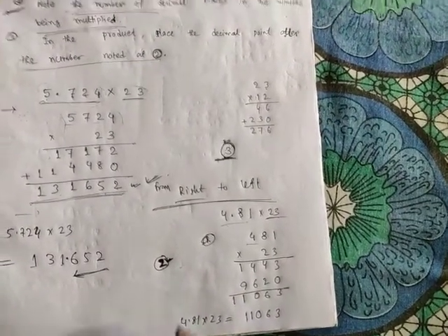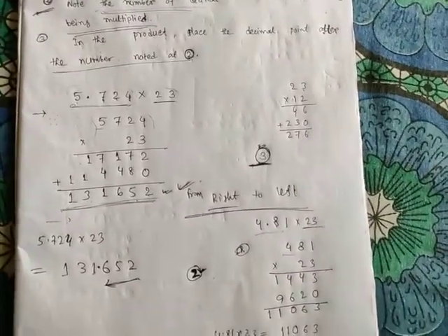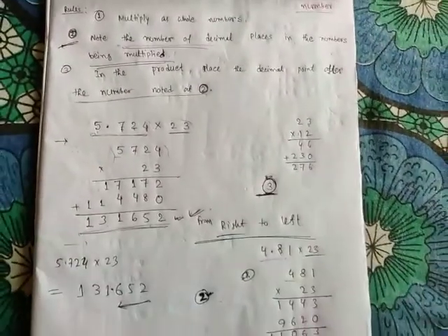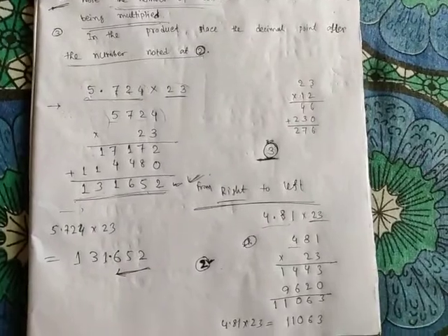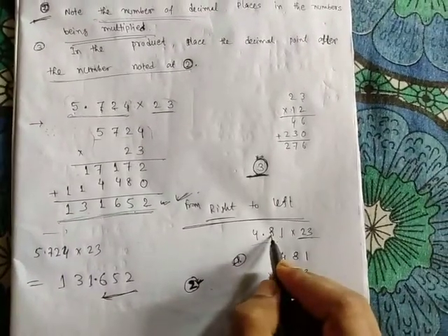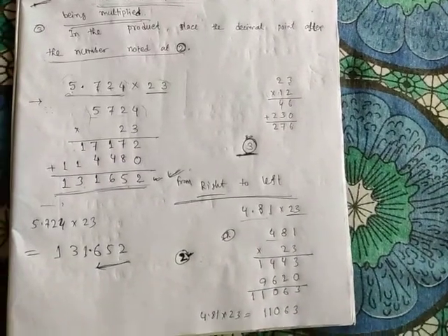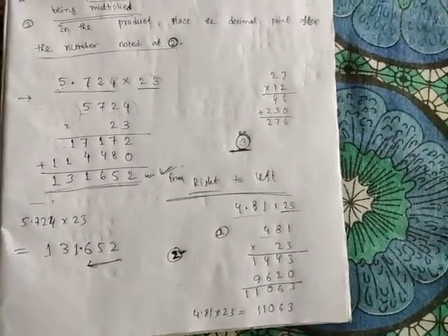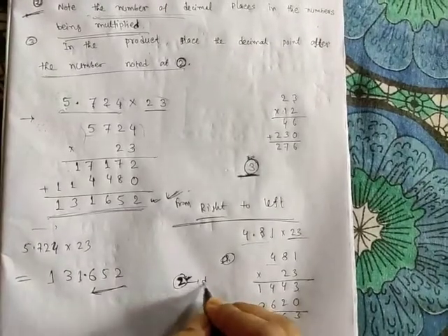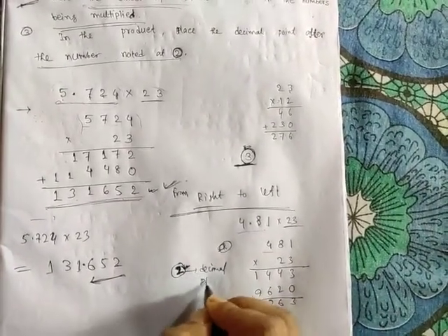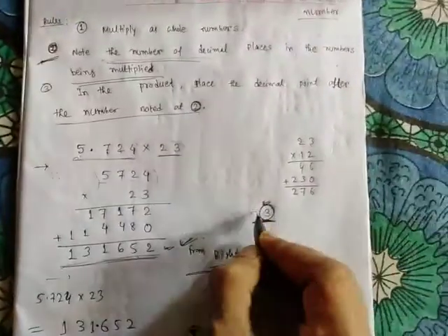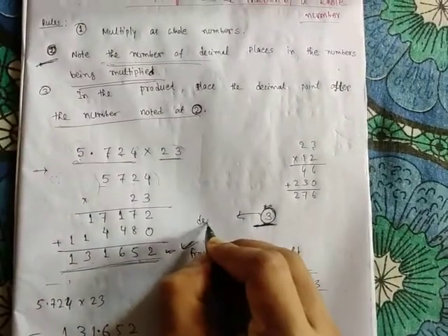So you have to place the decimal point after 2 digits, because there are 2 decimal places. 2 means 2 decimal places, simple. But here you have 3 decimal places.